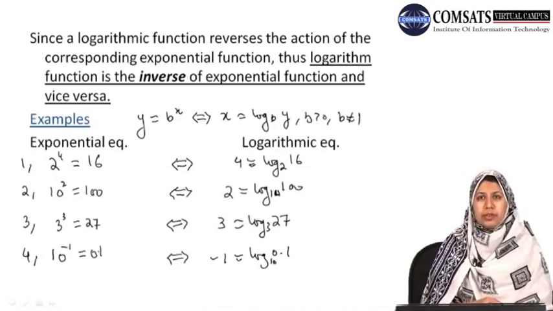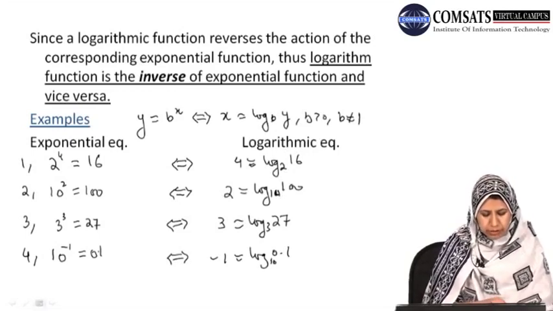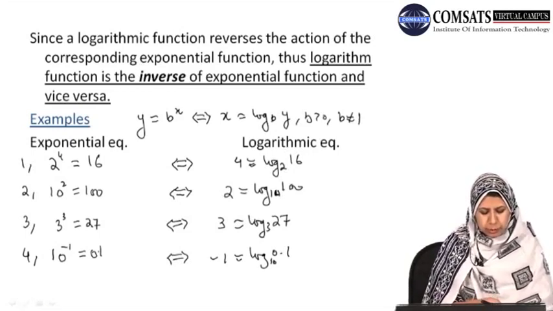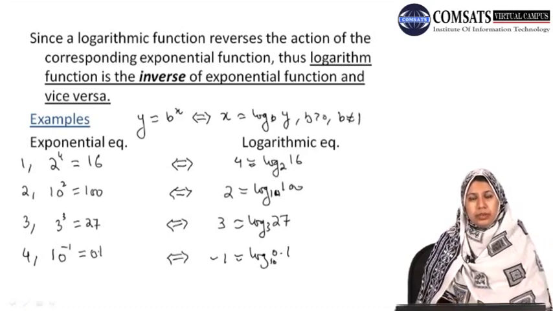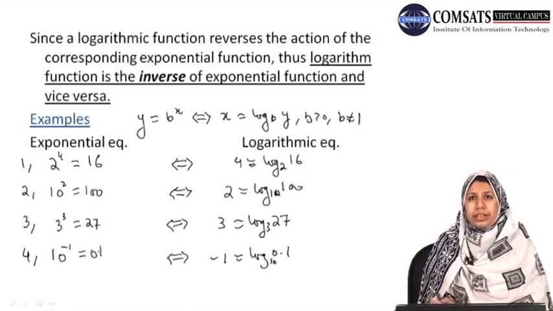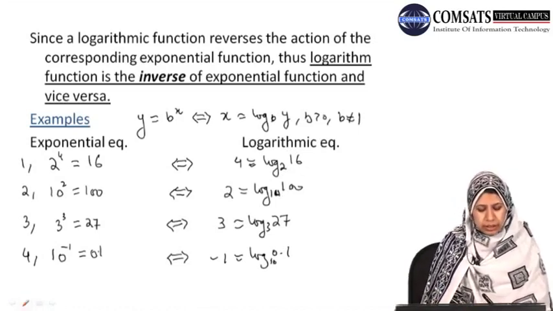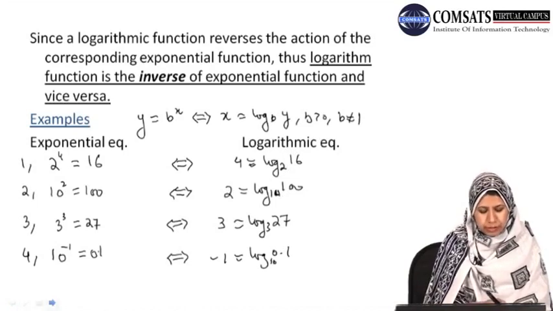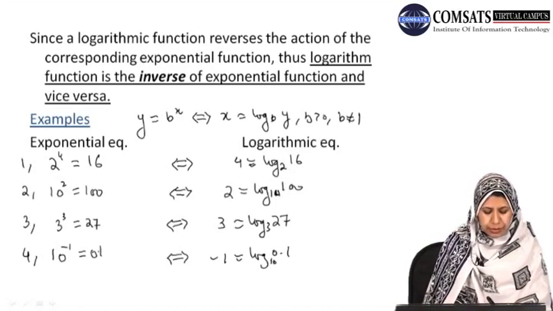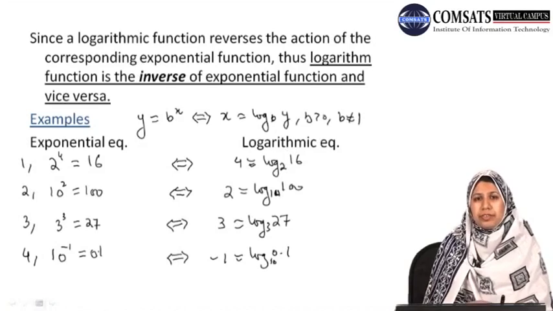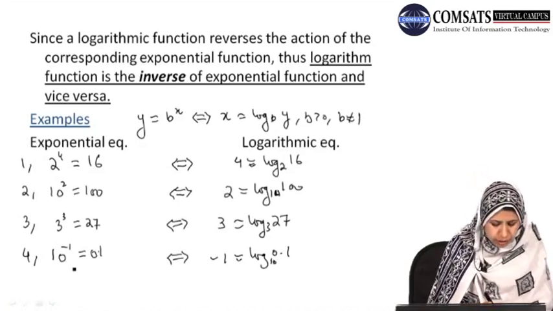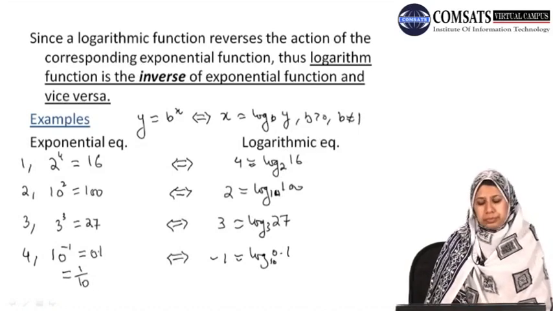So our domain is the set of all real numbers. So in our example 4, the exponent of 10, which is equal to minus 1, is allowed. There is no harm in taking negative exponents, because we have studied in our previous lecture that by using the property of exponents, we can replace every negative exponent by a positive exponent by just taking its reciprocal.